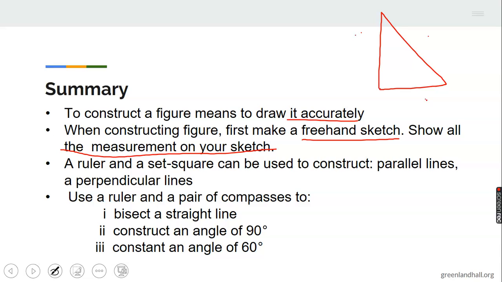A ruler and set square can be used to construct parallel lines, perpendicular lines. This perpendicular line could be from a point or from a line. Use a ruler and a pair of compasses to bisect a straight line, like we have seen. Construct an angle of 90 degrees and construct an angle of 60 degrees.